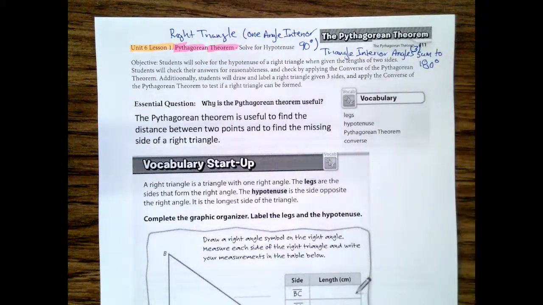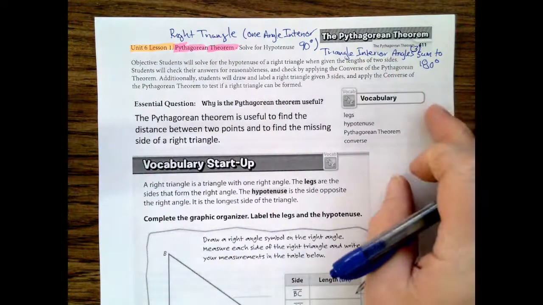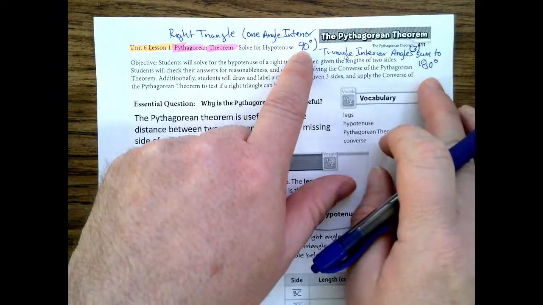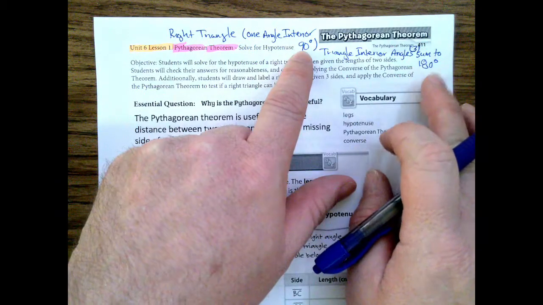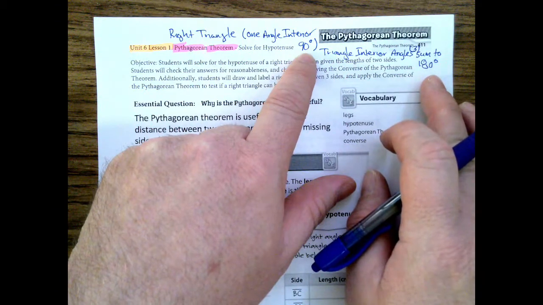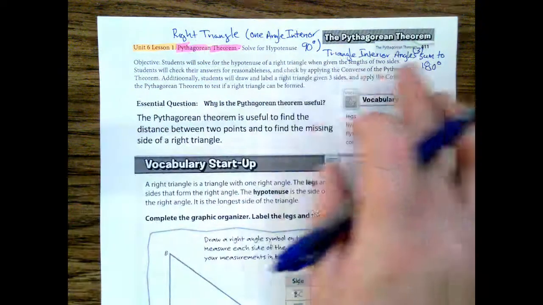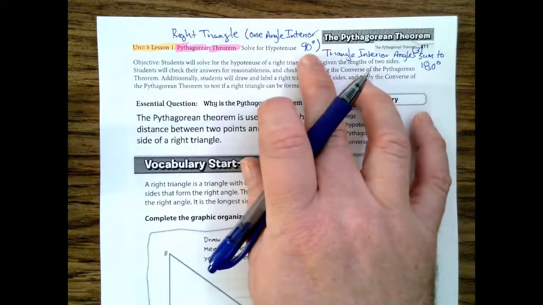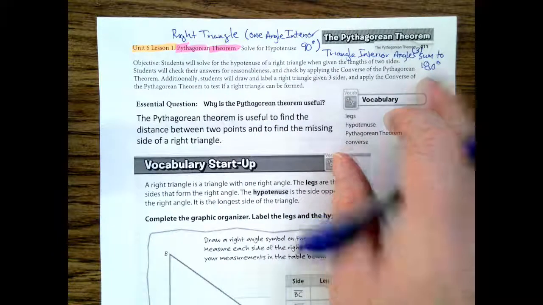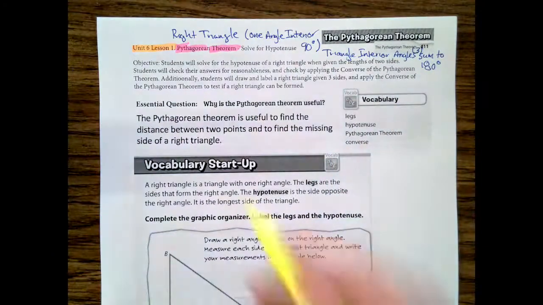So if one of them is 90, then you have to have any other combination of the other two. It could be 89 and 1, 88 and 2, 87 and 3. The other two angles have to add up to 90 also, so that the 3 of them add up to 180.